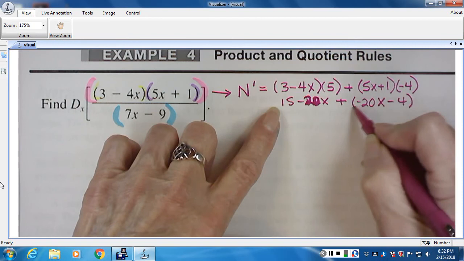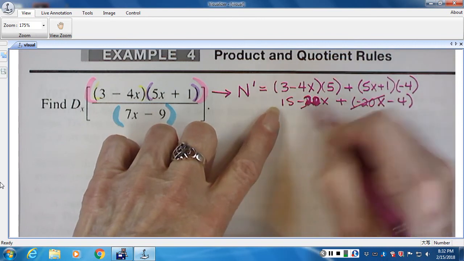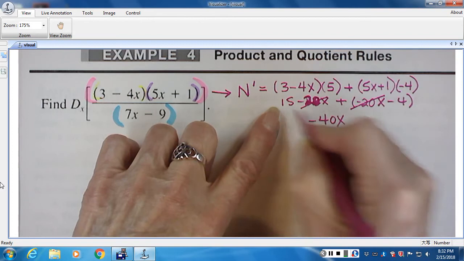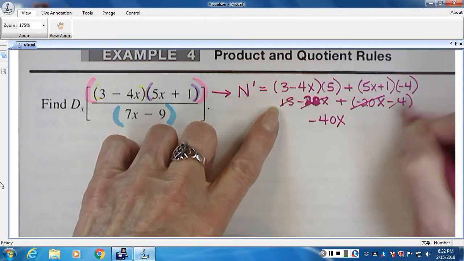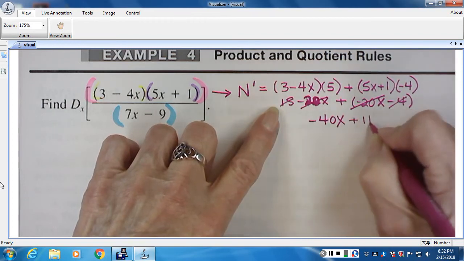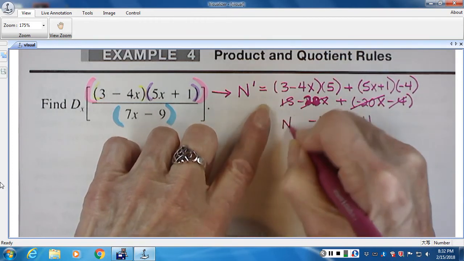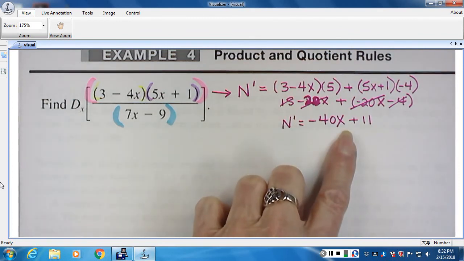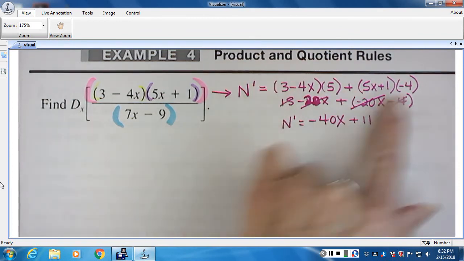So minus 20x plus minus 20x is minus 40x. And 15 minus 4 is plus 11. So this is n prime. And I would a whole lot rather use that derivative in the next calculation than that big long thing, even though it would have been right.